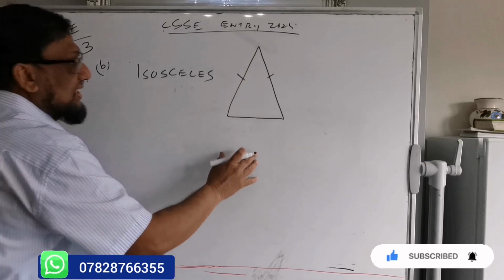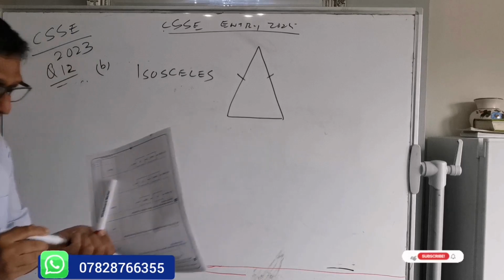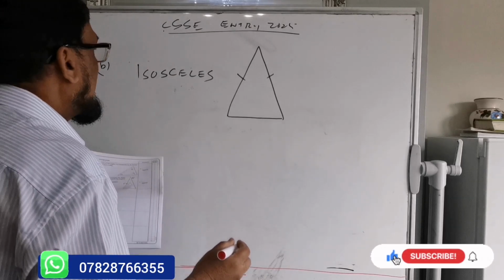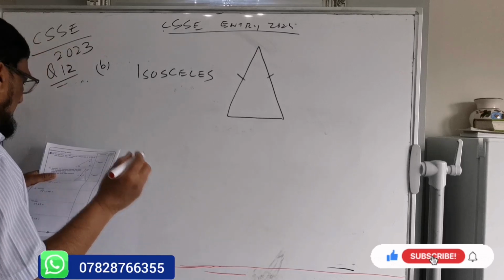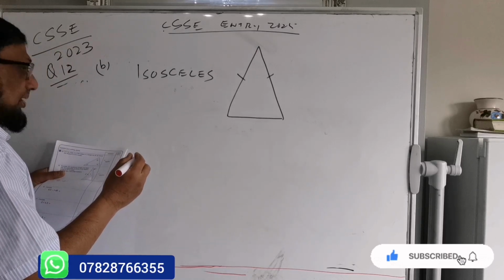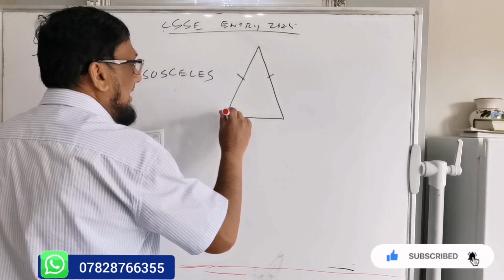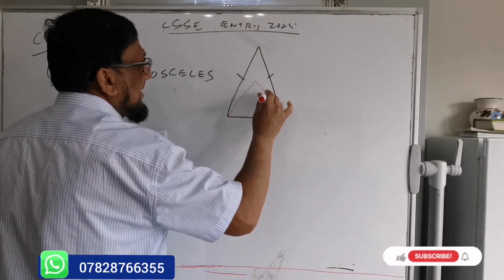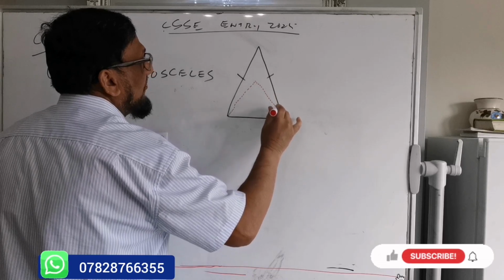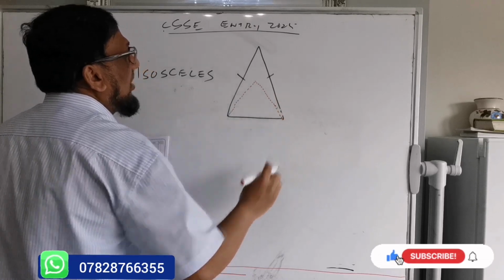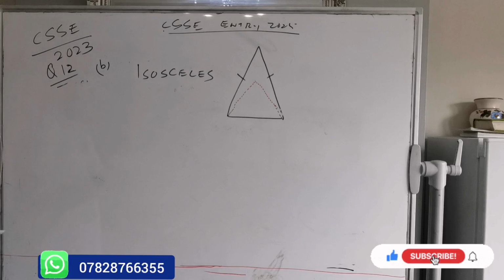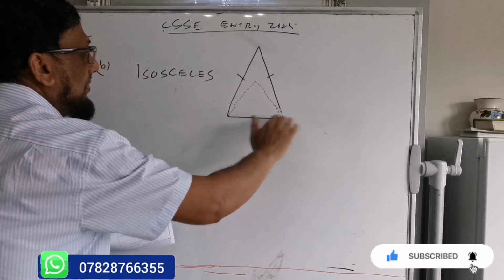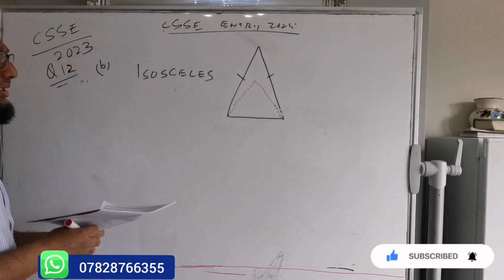And also one of the triangles is called what? An equilateral triangle. So the equilateral triangle is like that, they draw a dotted line, and they say this is an equilateral triangle, and they are using the same base.